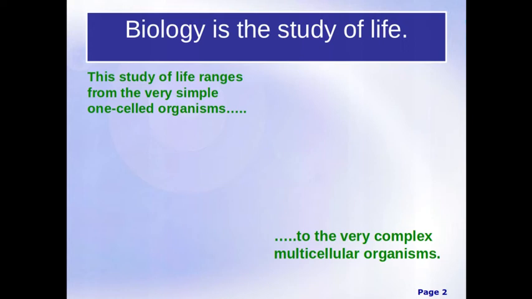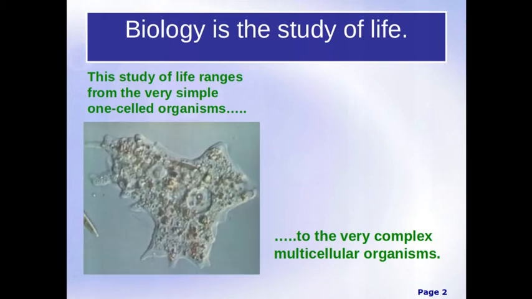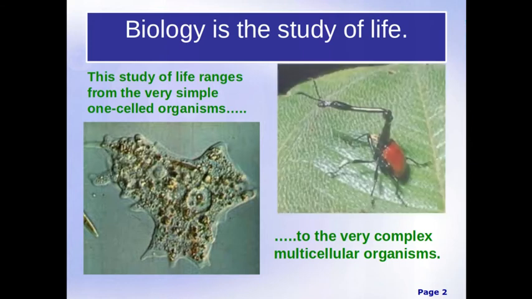So the study of life ranges from things that can be super, super simple, like one cell organisms that can look something like this. And they are exactly that, made of one cell. Or we can have more complex organisms that are multicellular and they have more than one cell, typically lots and lots of cells.